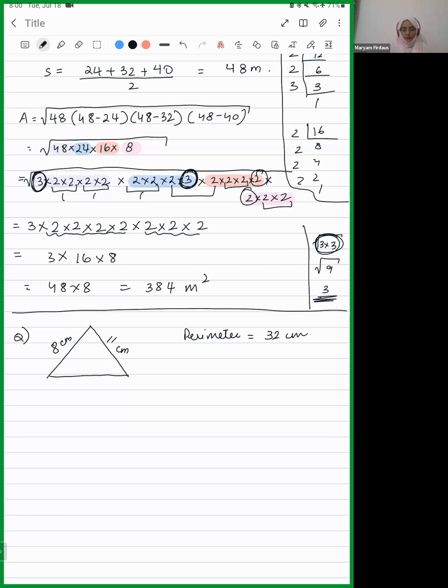See, let's say this is one side, this is another side, and let's say you have a third side. Let's call it X, okay? So what is perimeter? Perimeter is the sum of all the sides, right? So it's 8 plus 11 plus X.